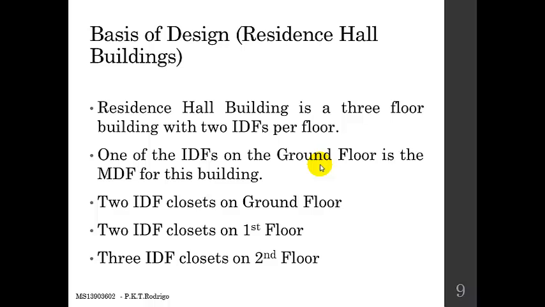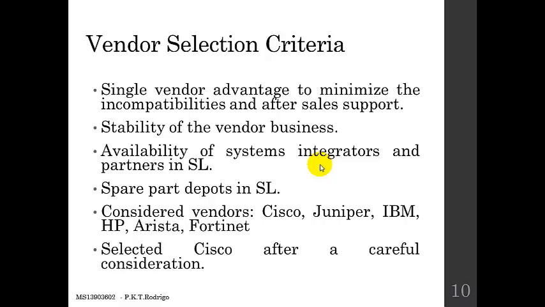Now we are moving to the vendor selection criteria. We have considered many areas when selecting vendors to buy the bunch of materials. First thing is single vendor advantage. This reduces the incompatibility of the network equipment connected to the network. And we have considered the areas where after sales support and maintenance of the network will be easy from using one vendor.